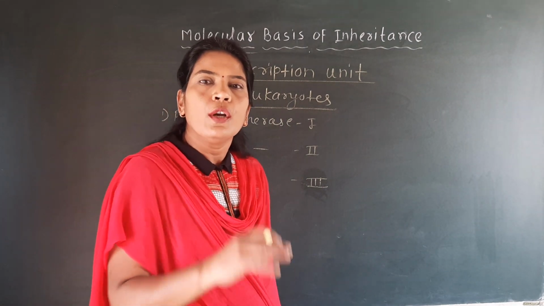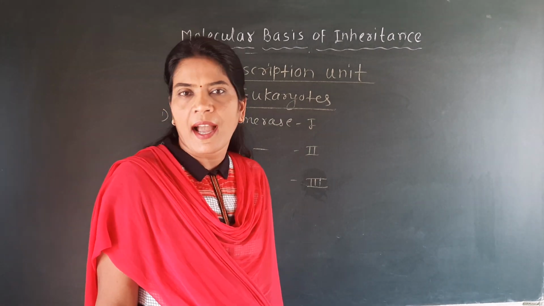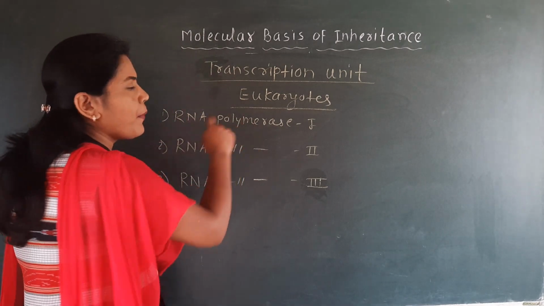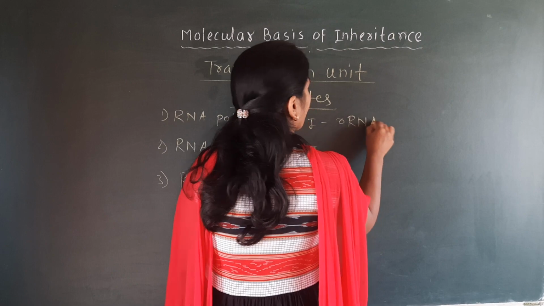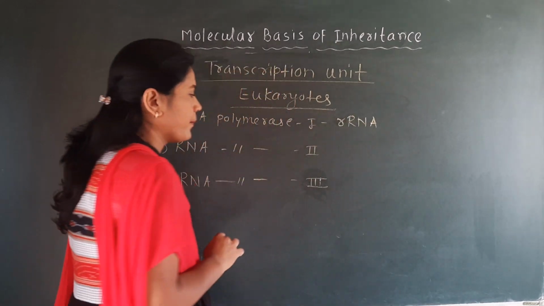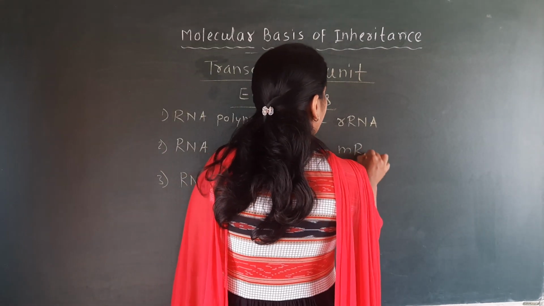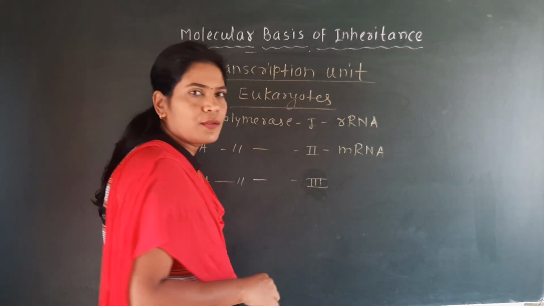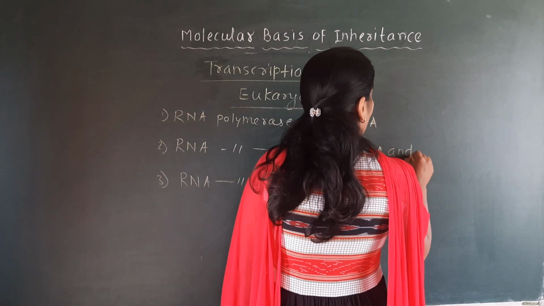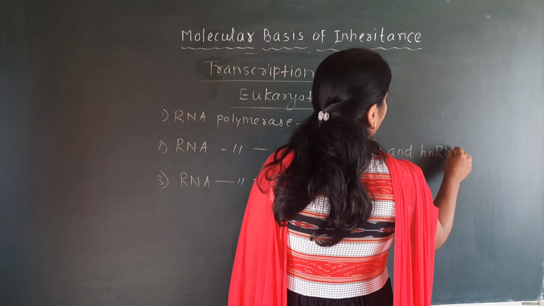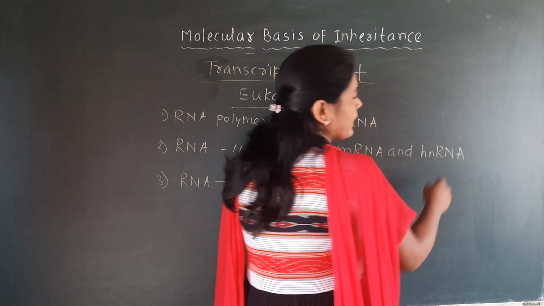Now we have to see which type of RNA polymerase forms which different types of RNA. RNA polymerase 1 forms rRNA. RNA polymerase 2 forms mRNA, which is also called the primary transcript, and hnRNA, that means heterogeneous nuclear RNA.